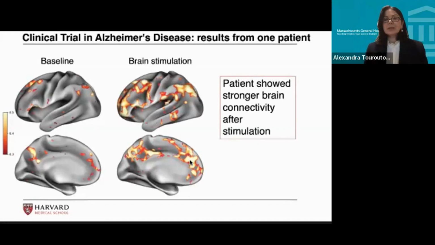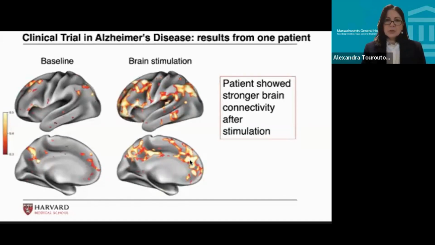So the results are really preliminary, coming from one patient, which we published in 2024 in Brain Stimulation Journal. But they are very encouraging, suggesting that there are plasticity effects happening after stimulation. Our trial is ongoing as we're trying to better understand the efficacy of this treatment.